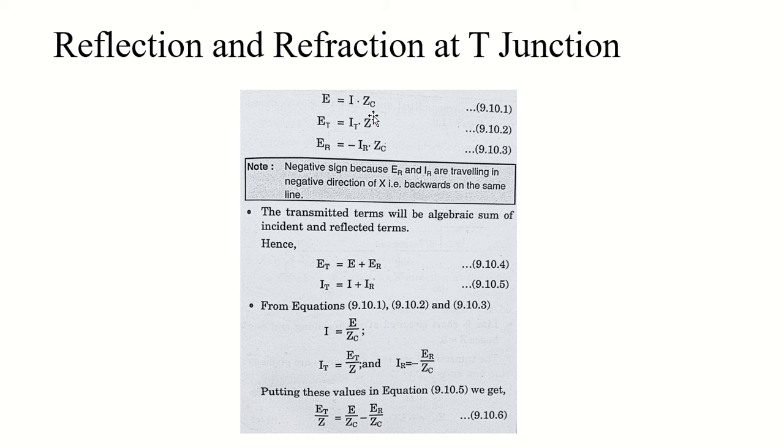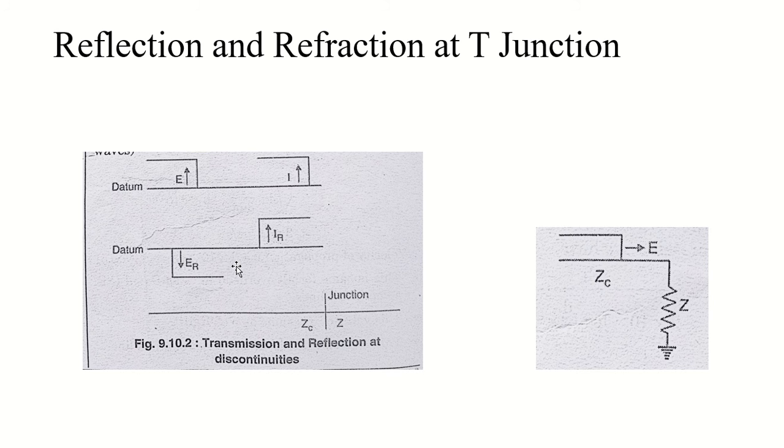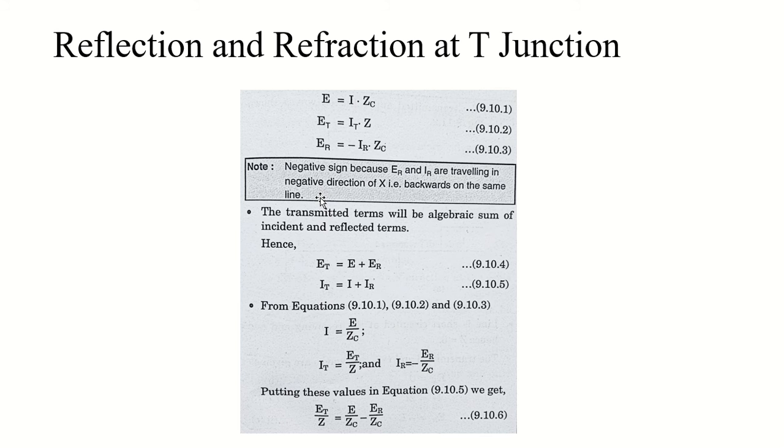And why minus? Because it is reflected, right? And in reflected, what did we do? We took opposite values, right? See, they are opposite in values. So the negative sign is because ER and IR are traveling in the negative direction of X, which means backwards on the same line.